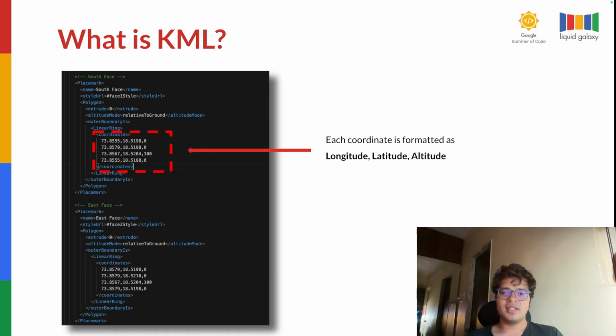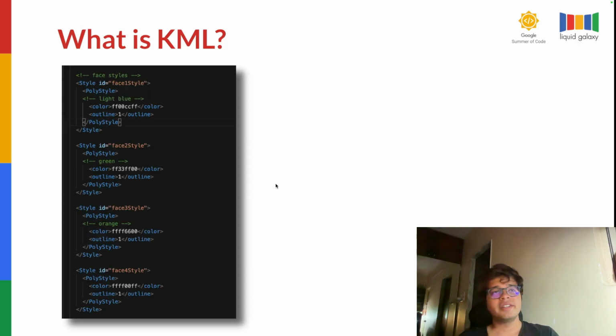Now, the real reason that we define multiple styles is to color different faces of the pyramid, right? So wait, I'll just get back to this. The real reason is that it should know which side of the pyramid should have what kind of color and how many sides that pyramid has.